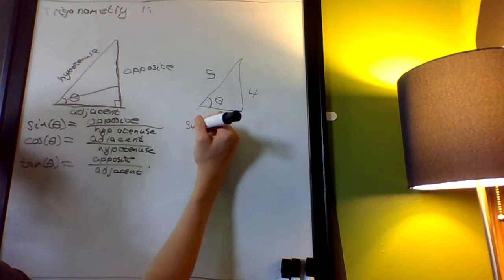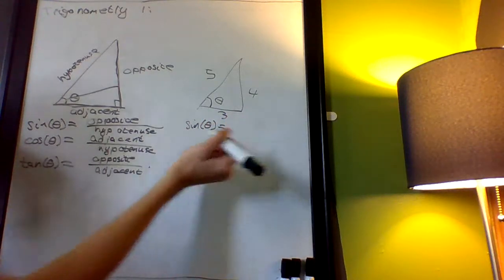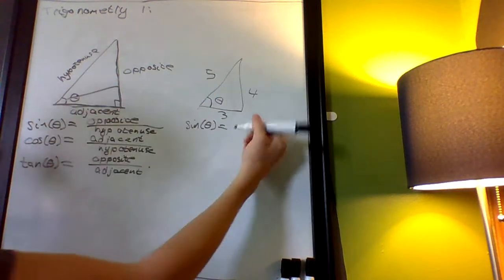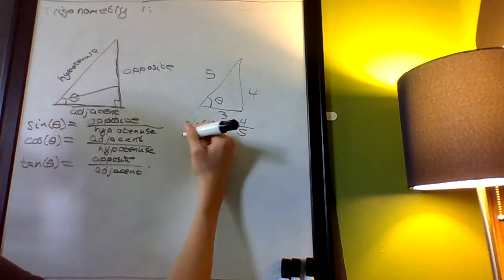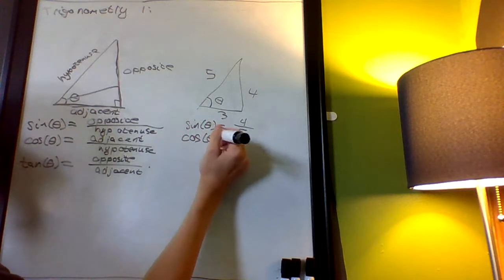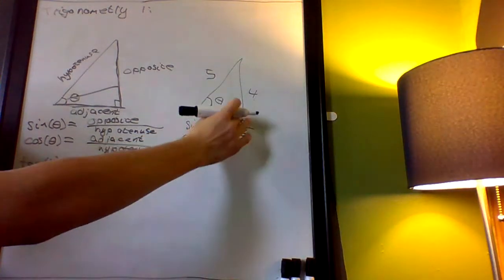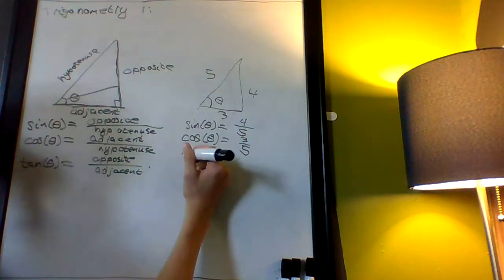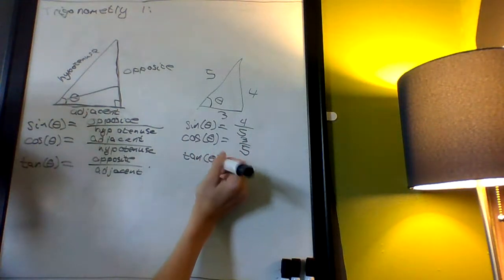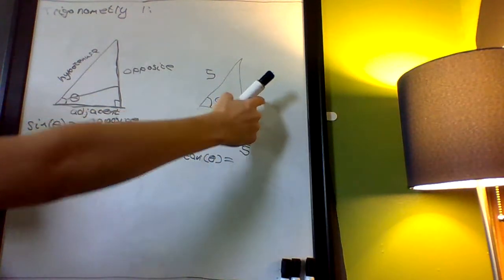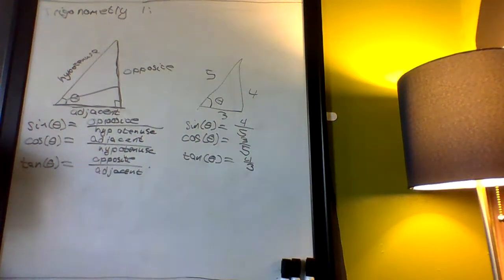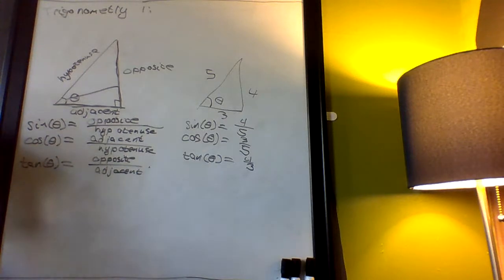The sine of theta is going to be the opposite, which is 4, over the hypotenuse, which is 5. Cosine of theta is then the adjacent, 3 over 5. The tangent of theta is the opposite over the adjacent, so 4 over 3.